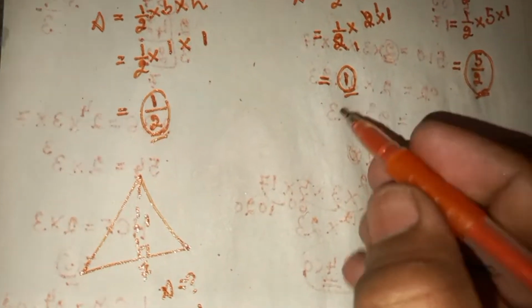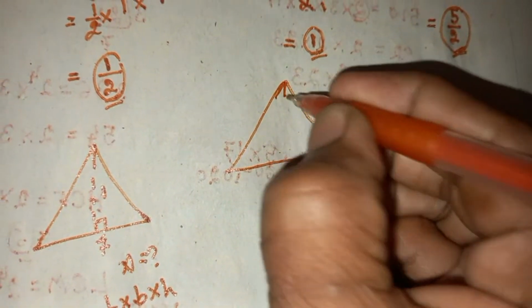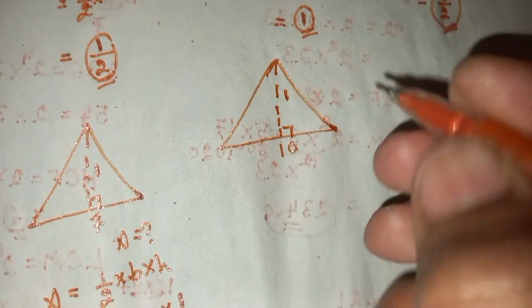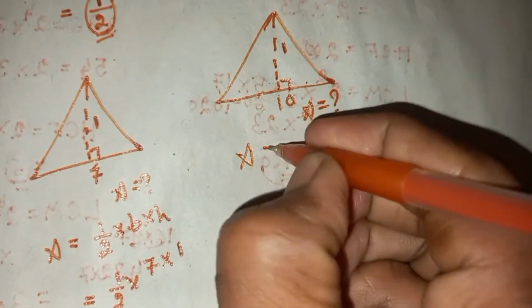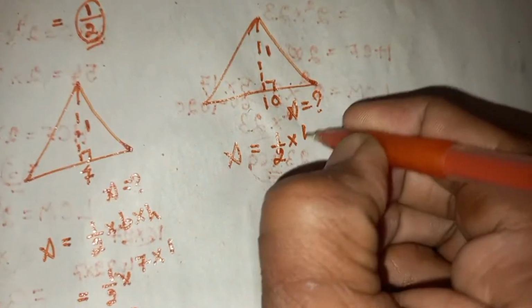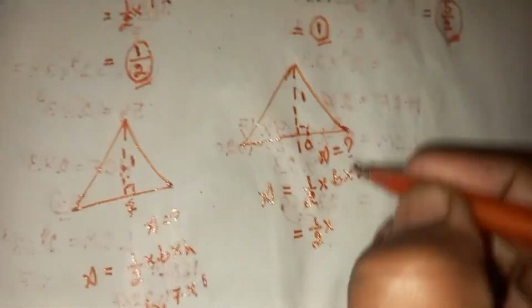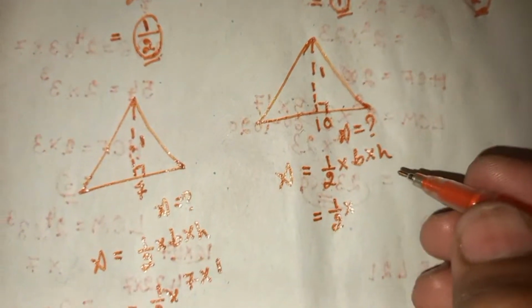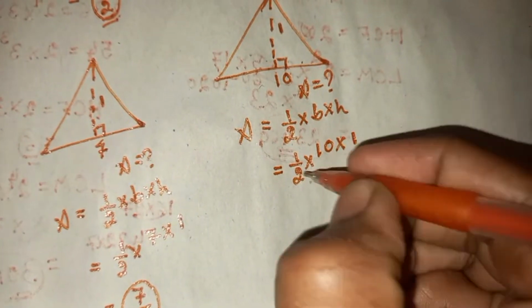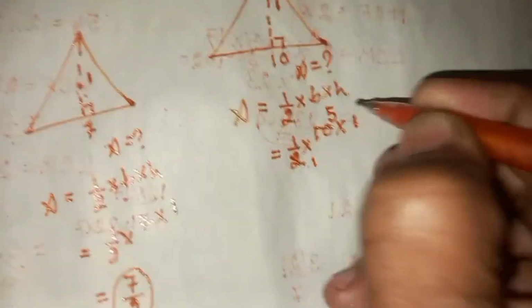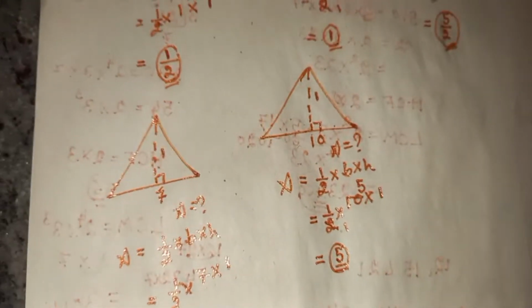In this final triangle, the base length is 10 units and the perpendicular height is 1 unit. The area is half times 10 times 1. Two fives are 10, so 5 times 1 becomes 5 square units.